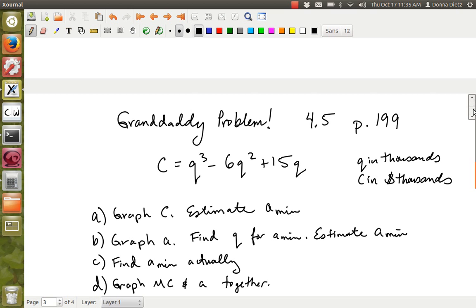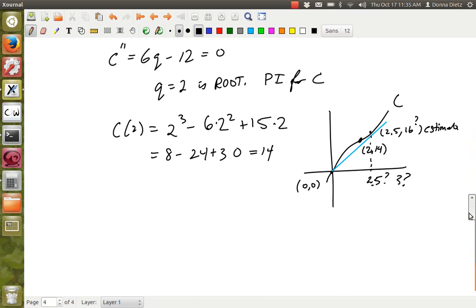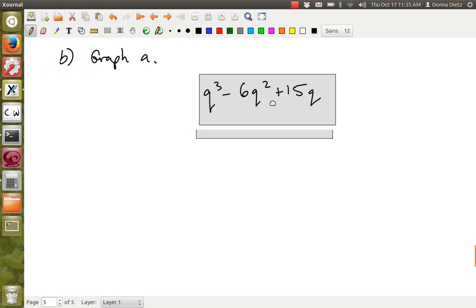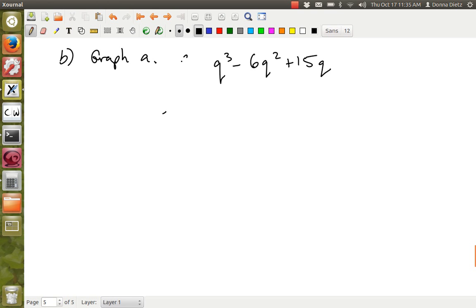Alright, so now we want to graph A, and then we're going to do those other pieces. B, graph A. Well, what is A? A is C over Q. So we go ahead and do that. And so A is Q squared minus 6Q plus 15.